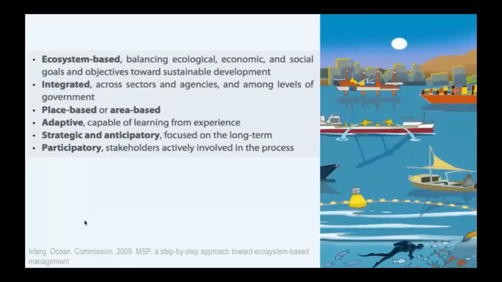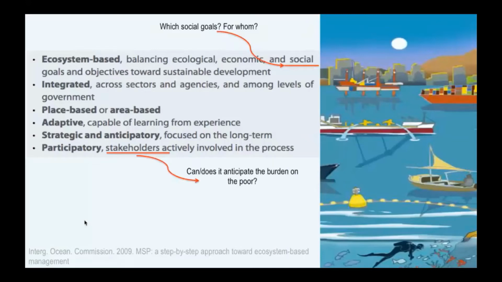When I look at these definitions and I look at the concept as a whole, a few questions come to my mind. For example, which social goals exactly? And in the interest of whom are these social goals being promoted? Which agencies are being included? Which agencies are being integrated? Are we integrating the agencies of the weakest links, the weakest stakeholders in the process as well?